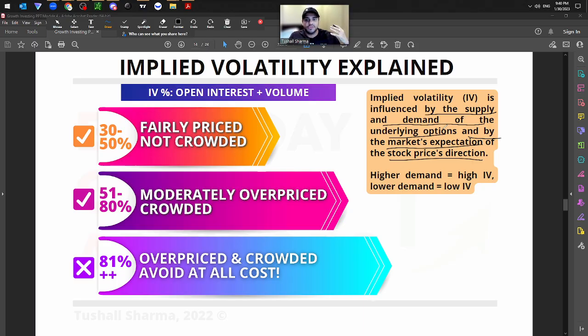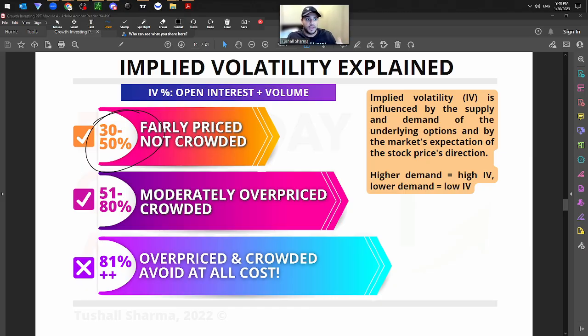So how do you tell when something's expensive and something is not that expensive? Remember that open interest and volume are combining factors that play a part in the IV percentage. By the way, I've come up with this guideline for you to simplify things, because for many years I went about just like you, not knowing whether things were expensive or cheap.